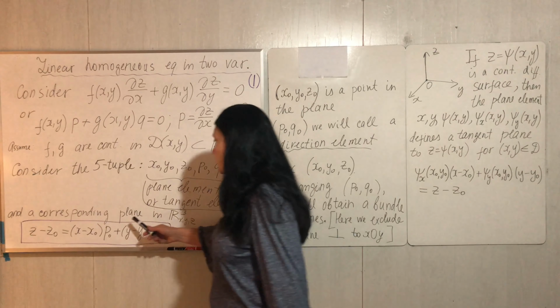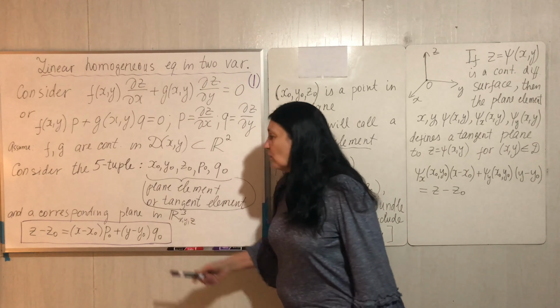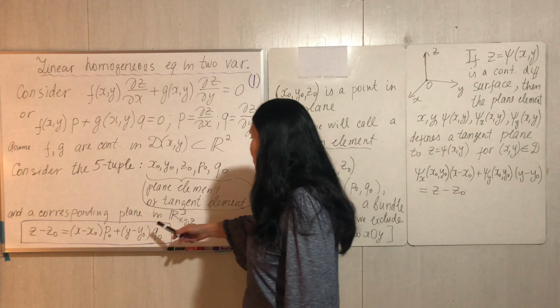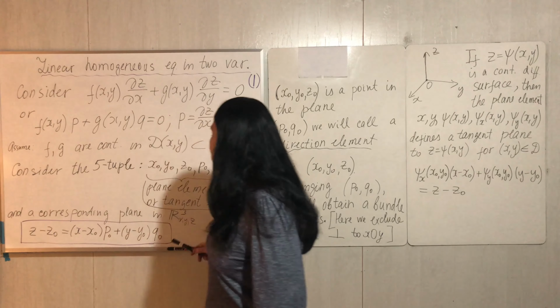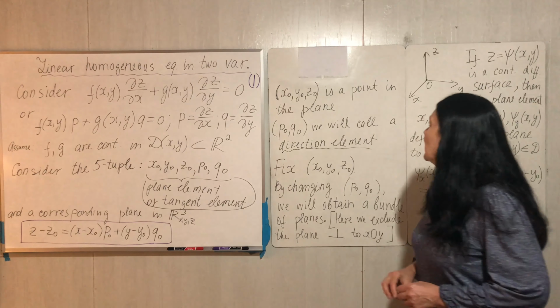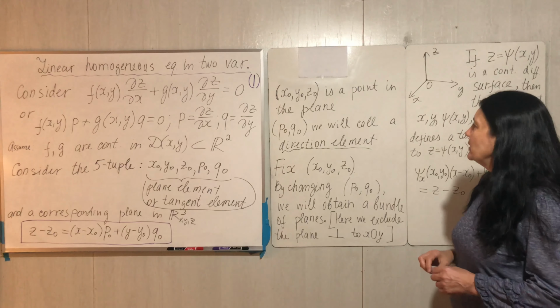And you can see that this is the equation of a plane, right? And we can see that the point x0, y0, z0 belongs to this plane, so this is a point in the plane, and p0, q0 we will call direction elements.